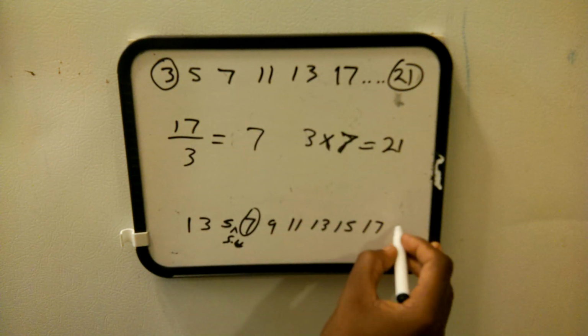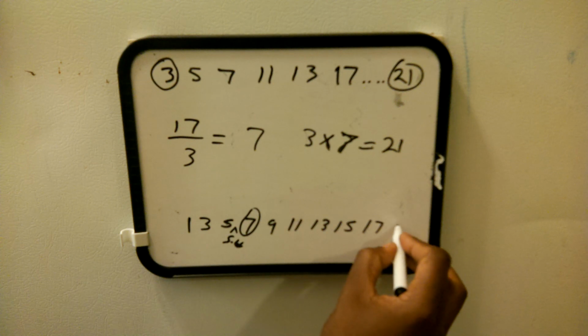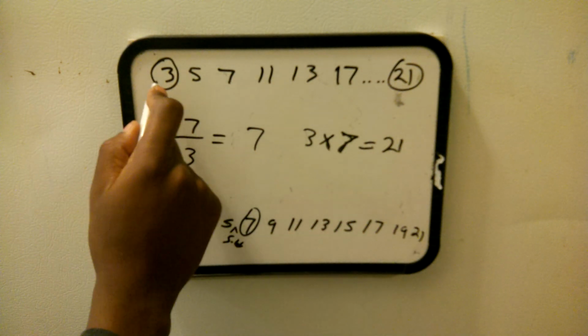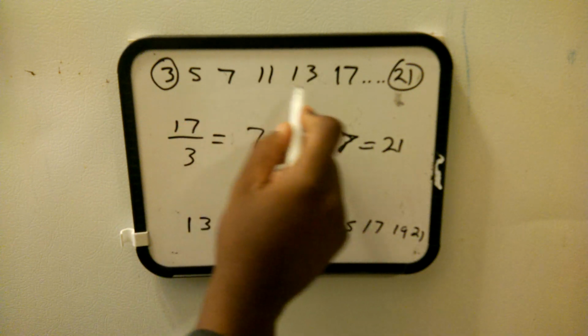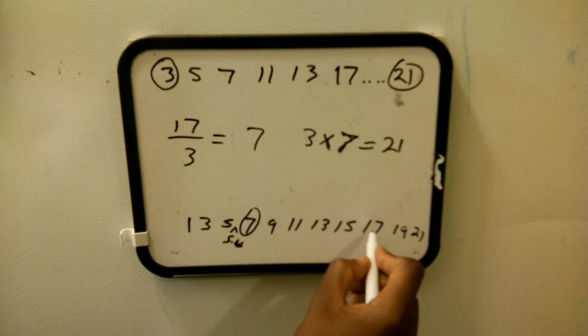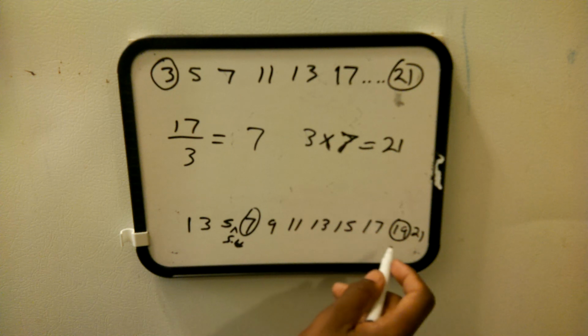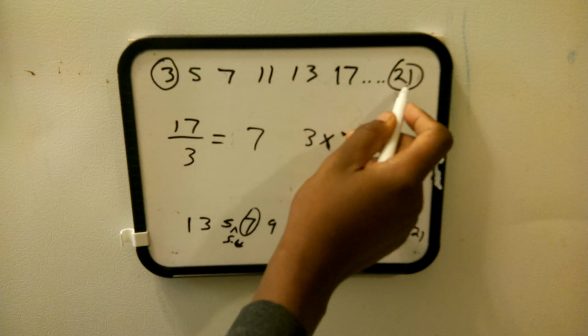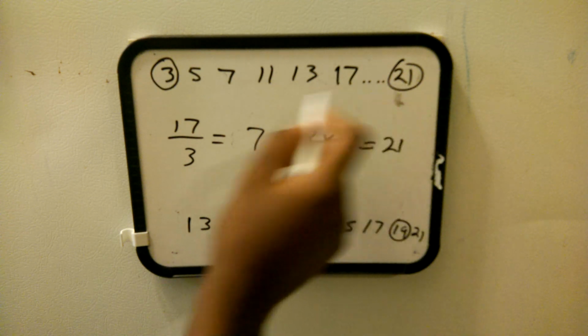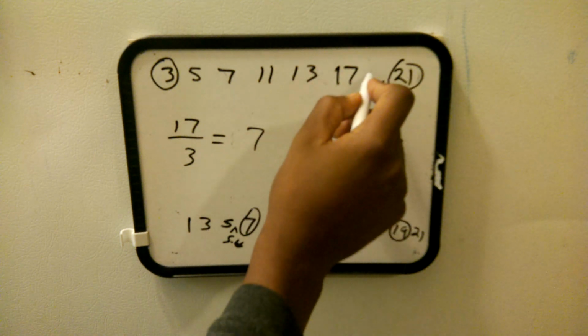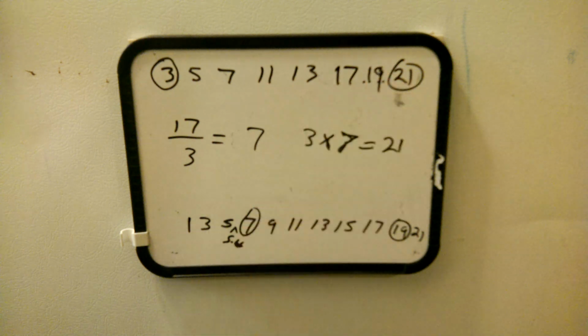Remember, we go in order. 17, 19, 21. So we go 3, 5, 7, 11, 13, 17, 19. So therefore, 19 is the next prime number. The reason why is because we went to 21. That means 19 is the next prime number in this equation.